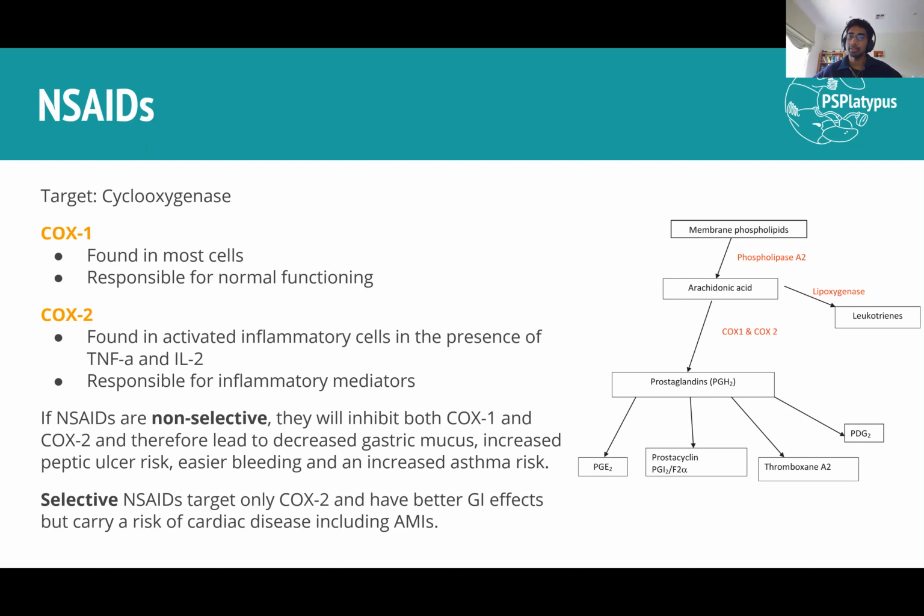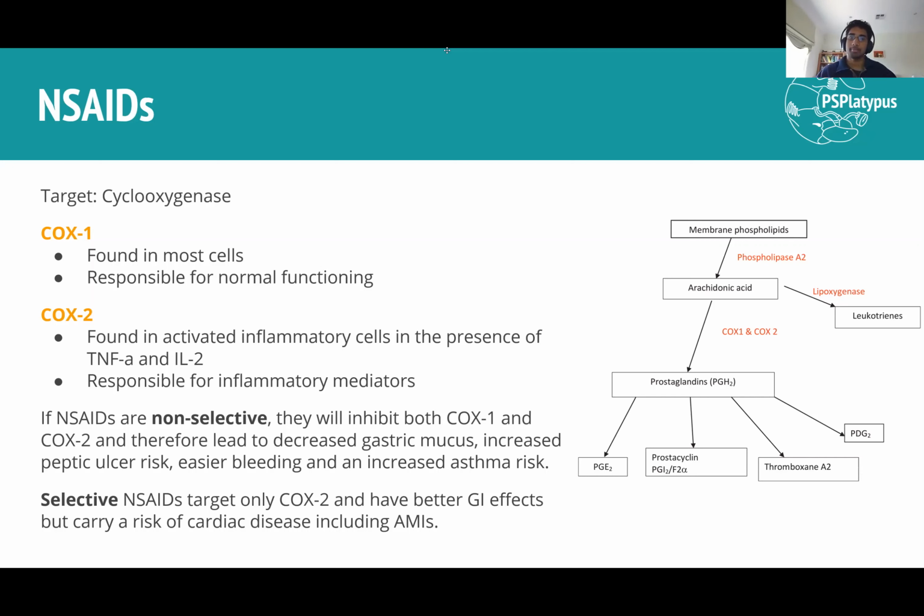So we have what we call selective and non-selective NSAIDs. Non-selective NSAIDs, they target both COX-1 and COX-2 because they are broadly similar. They're not exactly the same, and that's where the next part of our drugs come in. But they are similar enough that several drugs target both of them, basically. So if they target both of them, then you get side effects from blocking COX-1.